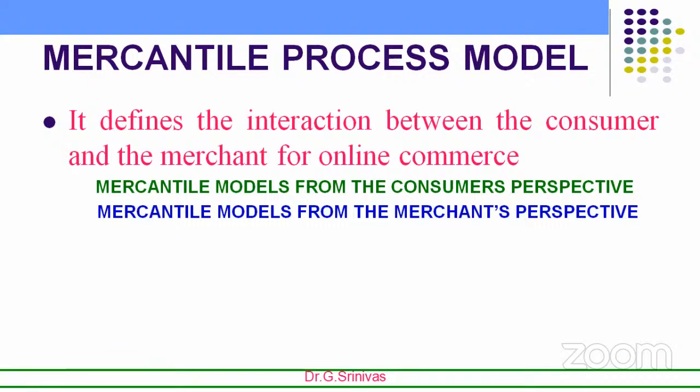What is the mercantile process? It defines the interaction between the consumer and the merchant for online commerce. It is the combination of activities of customer as well as merchant to complete a transaction.